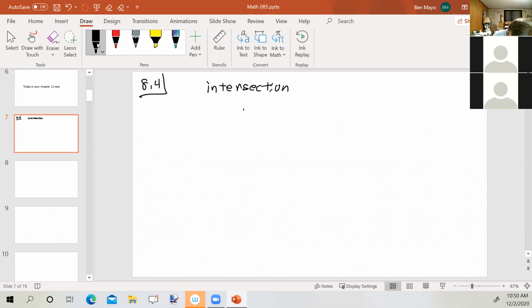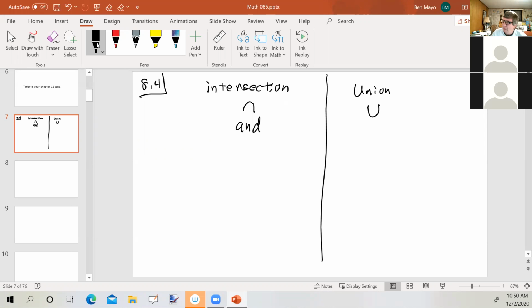We use an upside down U to imply intersection, or we use the word and to imply intersection, depending on what context we're in. And then we have the word union. The symbol for union is a U, and the word that implies that is the word or. So intersection, upside down U, the word and; union, a U, or the word or.